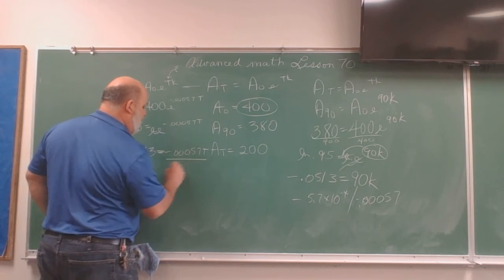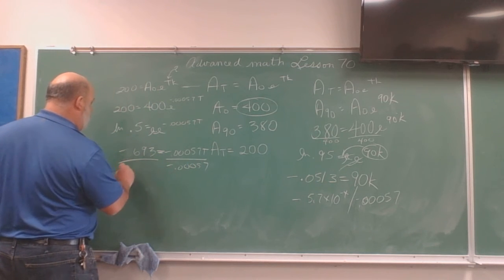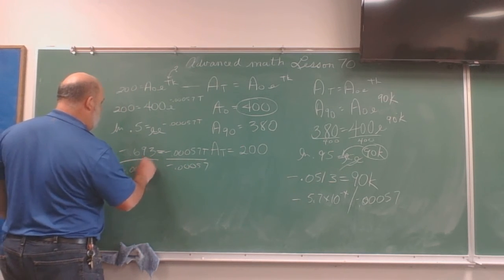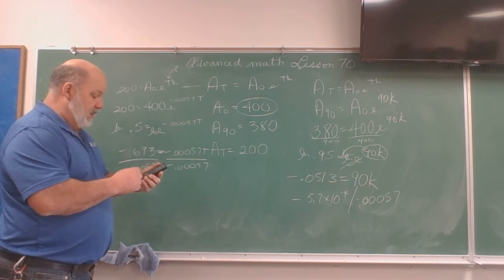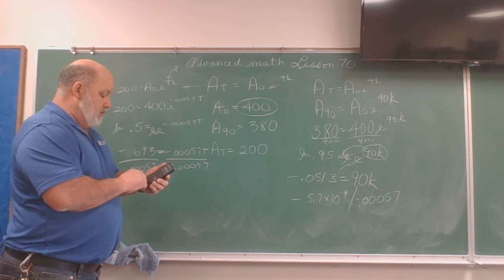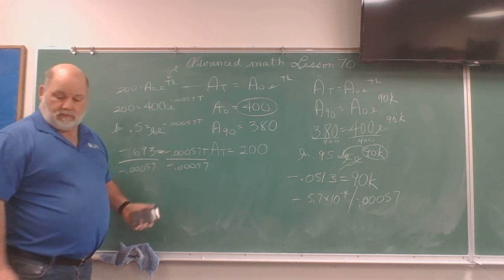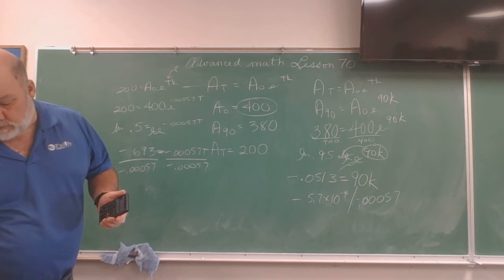So I'm going to divide by negative 0.00057, negative 0.00057 on my calculator divided by 0.00057 equals, and I get a wrong answer.